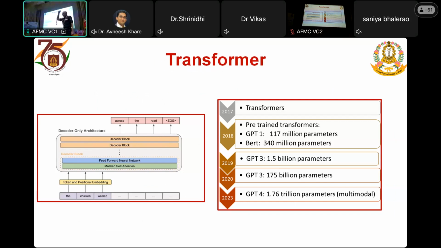Just now, the neural network which I showed you had how many parameters? Are we awake? 99. Yes, some of us are. In 2018, GPT-1 came with 117 million parameters. You can understand how complicated it would be. Cut to 2023, when GPT-4 came, it had 1.76 trillion parameters.